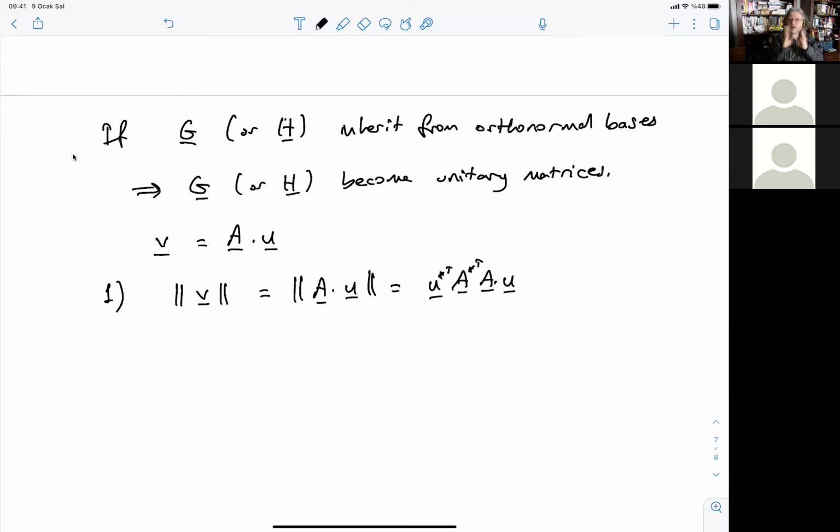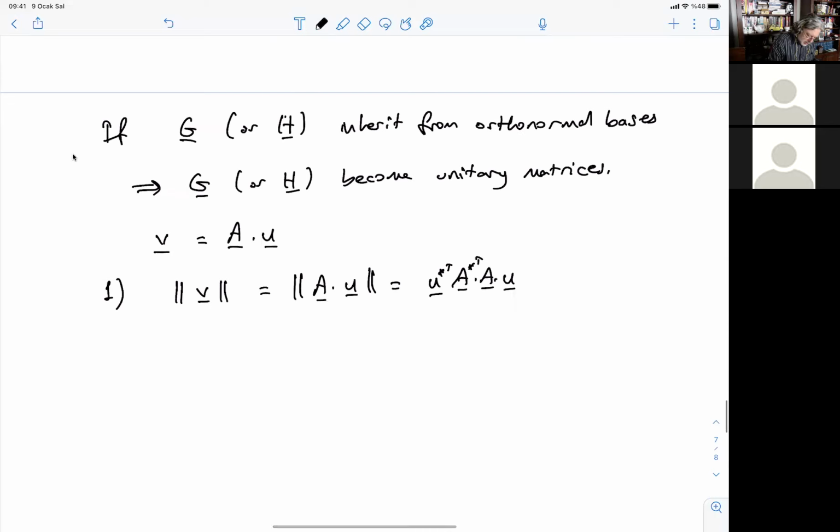So the orders are also flipped, because we know that when you make a transposition, the orders of the multiplication also changes. The square root of it is actually. So let me put it like this: the V magnitude square is equal to A times U magnitude square, which is equal to this. It's easier to make an interpretation in the square norm sense. The square norm is this.